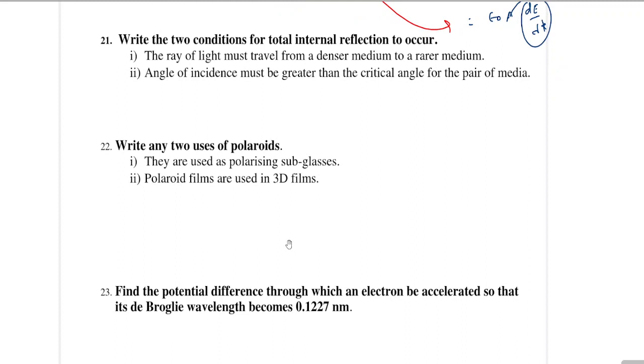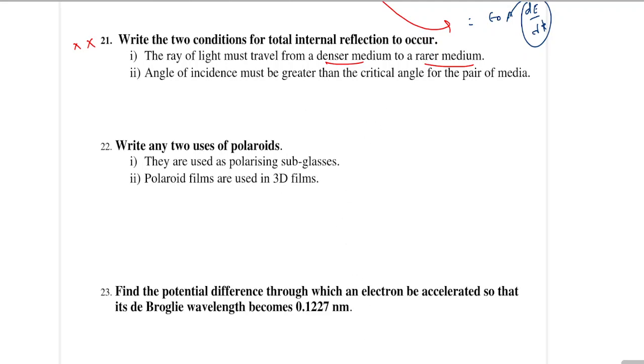Question 21 says, write the two conditions for total internal reflection. The two conditions are very important. The first condition is the ray of light must travel from a denser to a rarer medium. Second, the angle of incidence must be more than the critical angle.